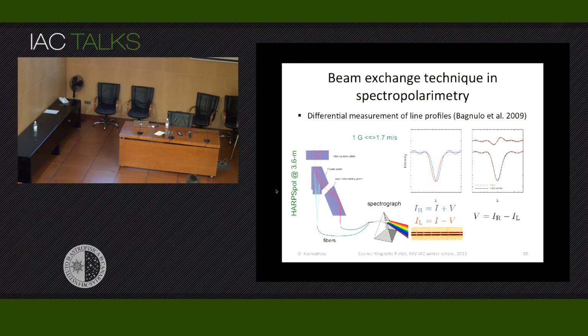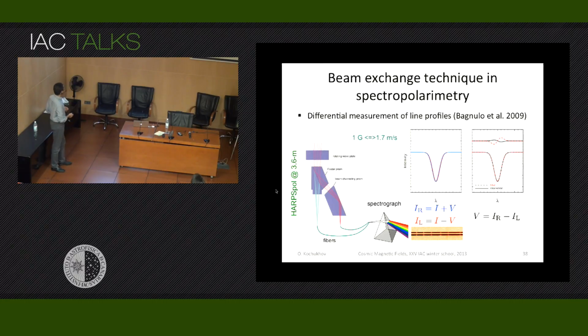This is an illustration. I add to one of these beams, one of the spectra, some distortion, in this case just a sinusoidal variation. And sure, in the spectra obtained with a simple formula, we get this distortion. We can easily get spurious polarization if we are not able, for instance, to establish the relative wavelength scales of these spectra with high precision.